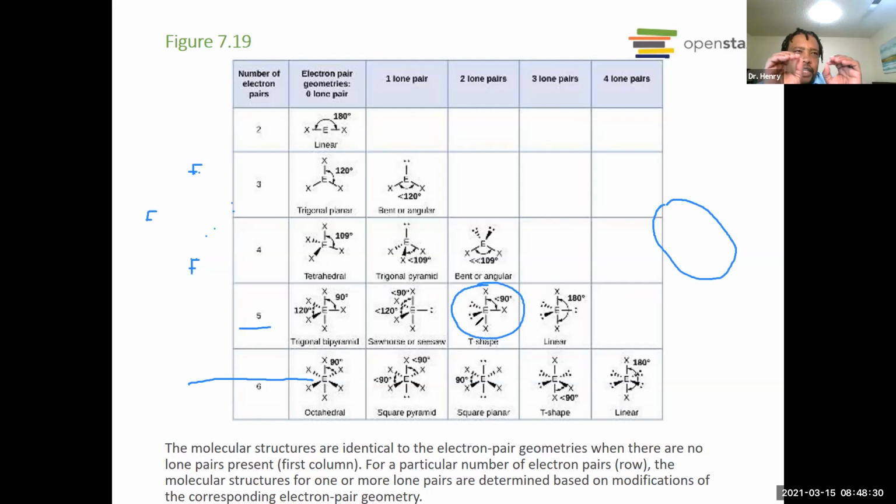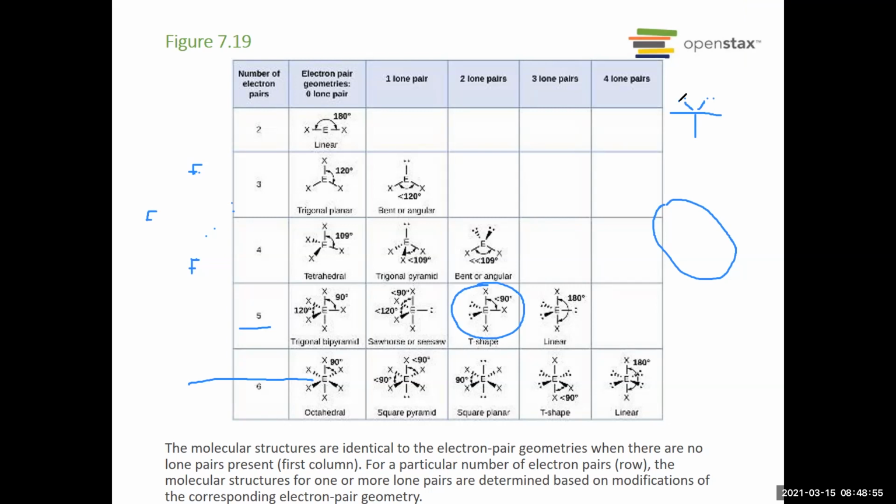You're not going to be able to see the electrons that are lone pairs. So all you're going to get is a T-shaped structure, something that looks like this, and you're not going to see the lone pairs sitting out here and pushing everything the way it pushes it. Does that make sense?